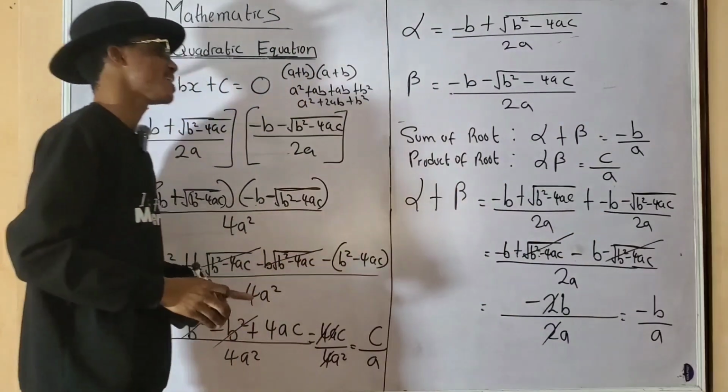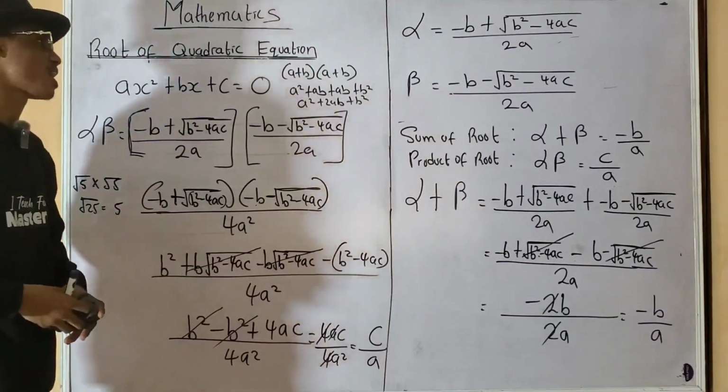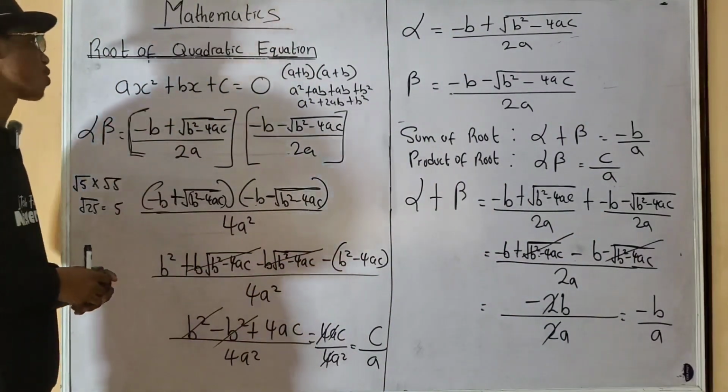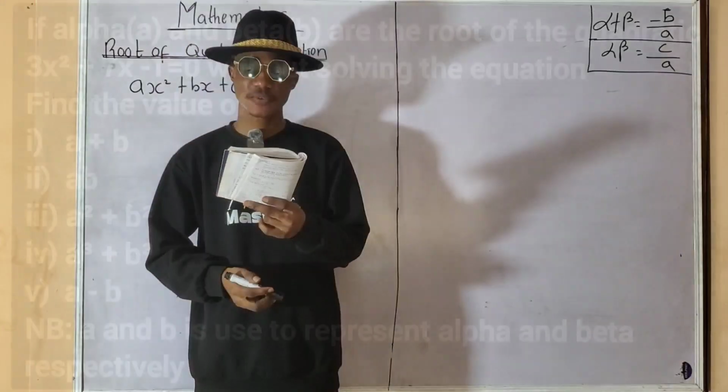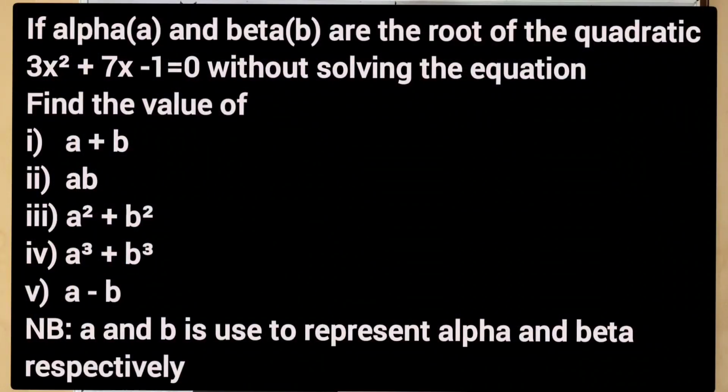Okay, now let us look at the application of what we've learned so far, touching what we are discussing, root of quadratic equation. If alpha and beta are the roots of quadratic equation 3x² plus 7x minus 1 equals 0, without solving the equation, find the value of: 1. alpha plus beta. 2. alpha beta. 3. alpha squared plus beta squared. 4. alpha cube plus beta cube. 5. alpha minus beta. Okay, please pay attention.